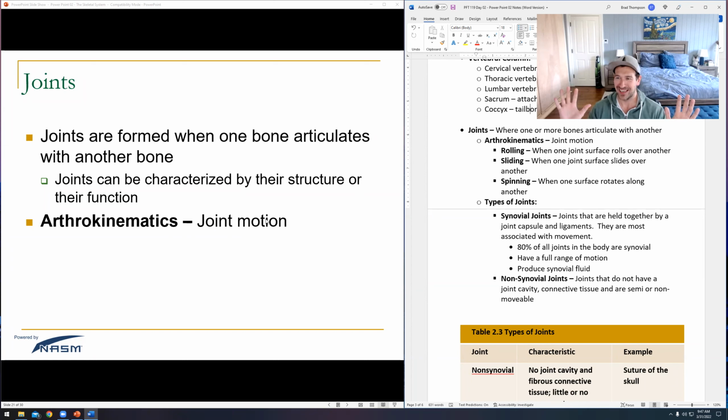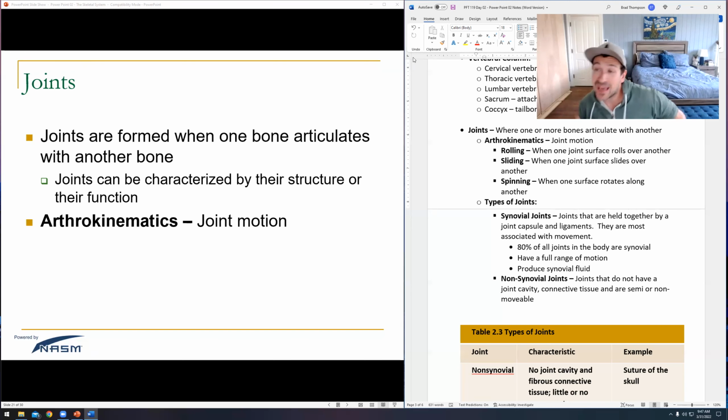Why does that word have to exist? We could just call it joint motion and give it a definition. Anyway, rant over. Arthrokinematics means joint motion. That's literally its entire definition. Arthro means joint or skeletal, and kinematic means motion.